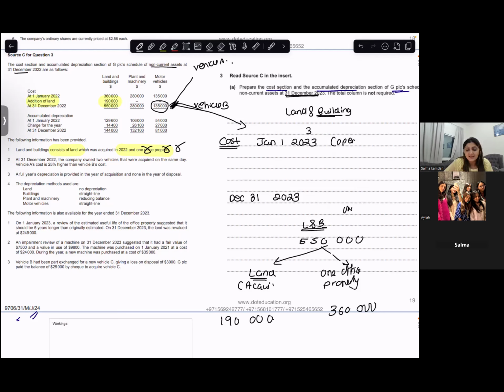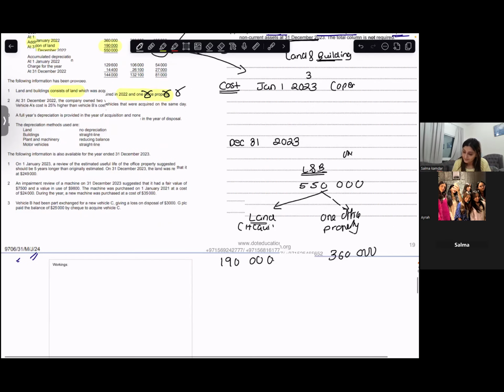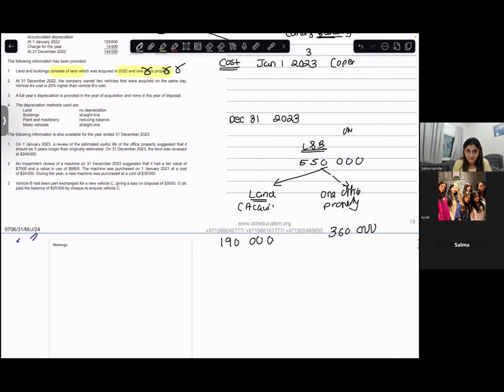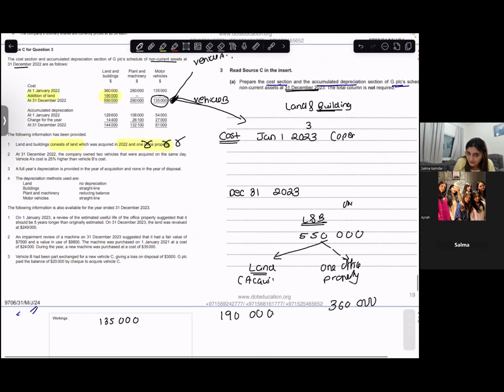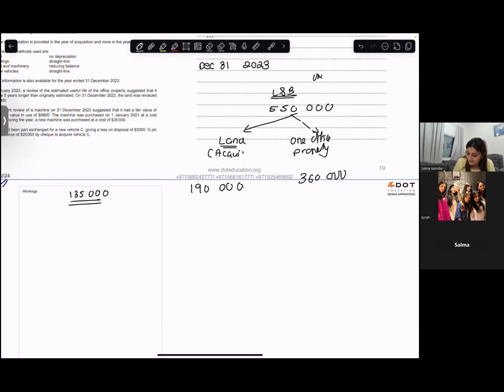Can you give me the interpretation? If this is 25% more, which means it's 125%. 135,000 is motor vehicles.